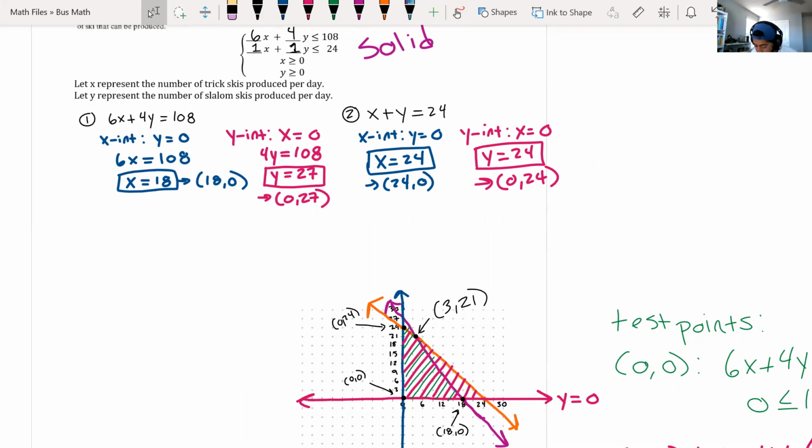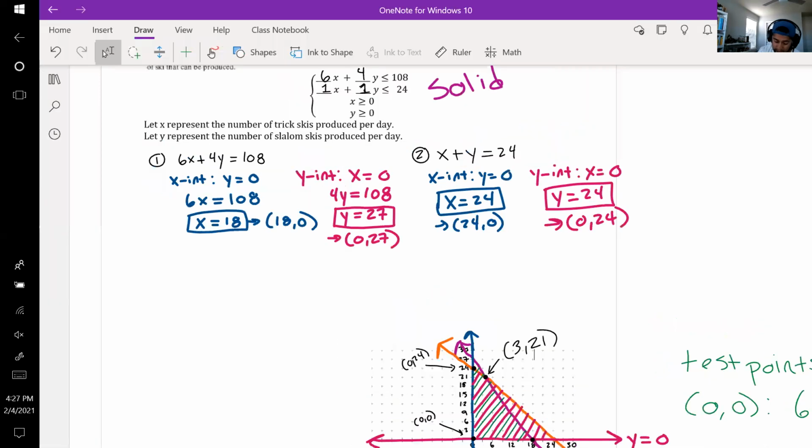So no, it may not be that. Okay, so one of the ways to find this corner point, since 3 and 21 is not correct, is going to be by either using a system of equations, or we can use Desmos and find out where these functions intersect. Watch this. We're going to save a lot of time here.